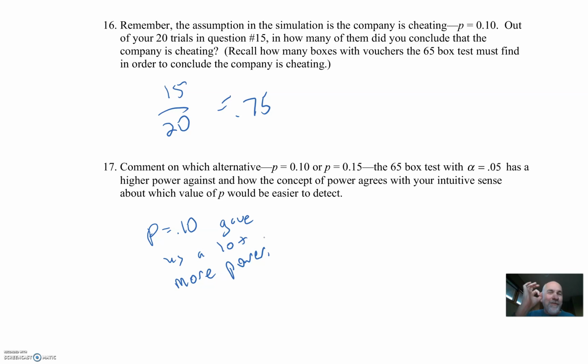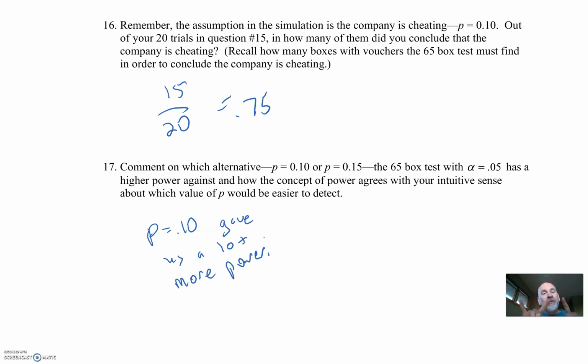If I have a coin that's 51% heads, I'm going to need a huge sample size to notice that it's off and that it's not a good coin. But if the coin is like 70% heads, I've got a really good chance of noticing.